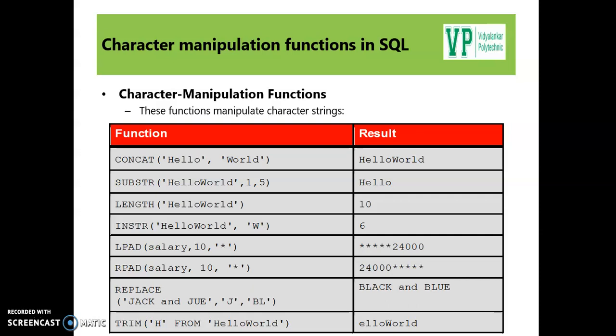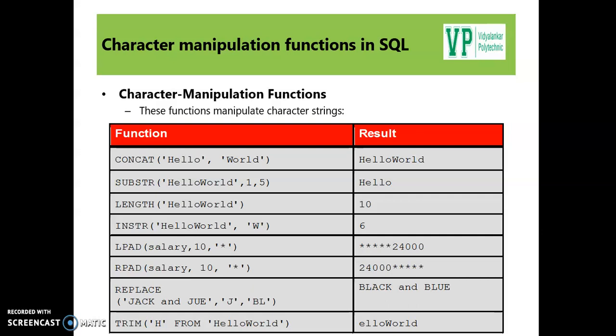The next function is lpad, that is left padding. See, the first input is salary. Now you can see one thing. In the previous functions, hello world is enclosed in single quotation marks because that is character data.